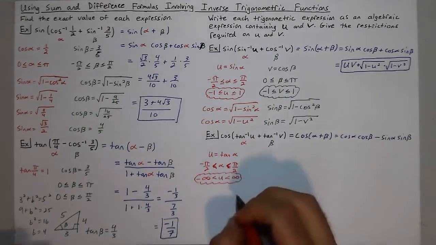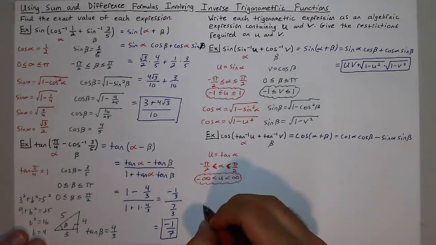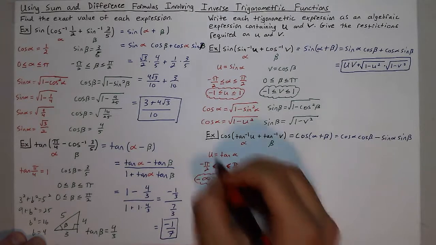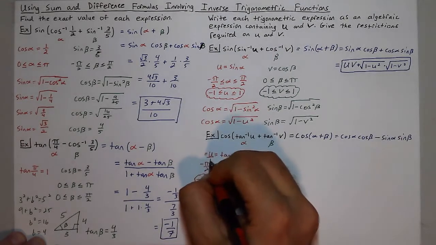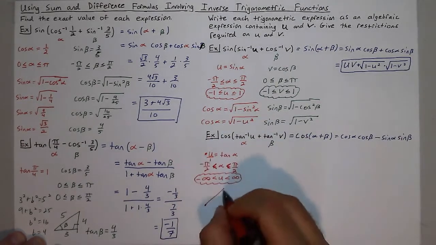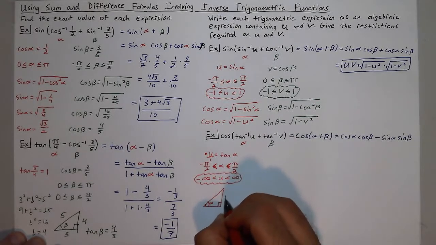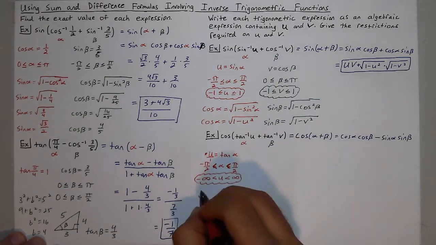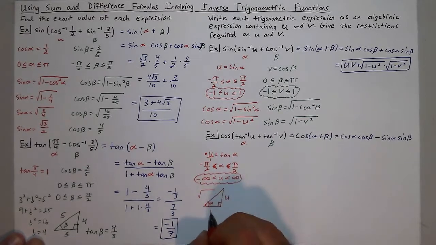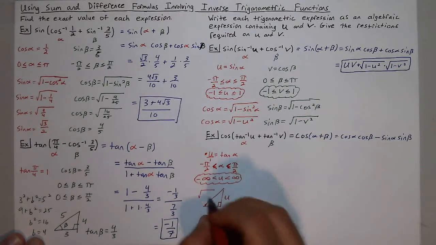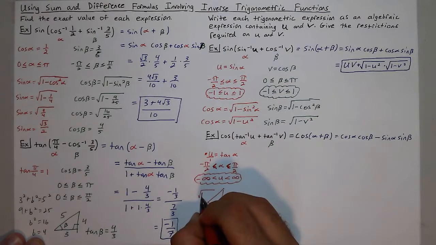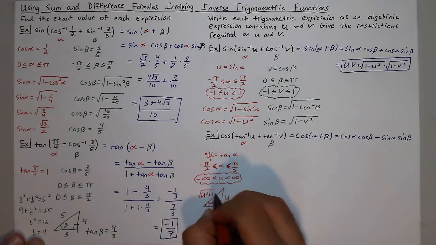Because now I'm going to draw a right triangle to figure this out. Again, tangent being like u over 1. For alpha here, I have opposite over adjacent, and the hypotenuse will be, from a squared plus b squared equals c squared, u squared plus 1.